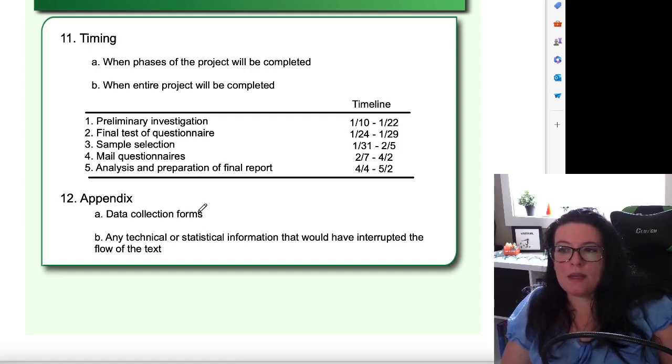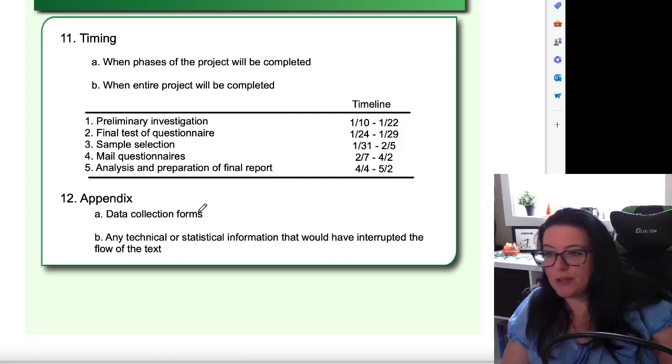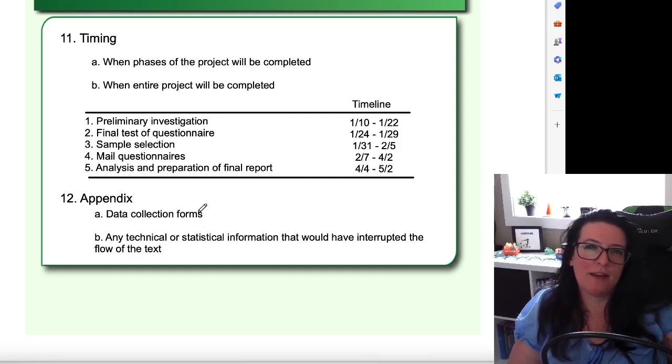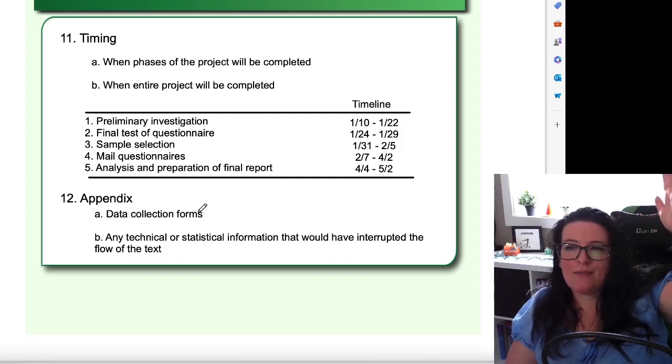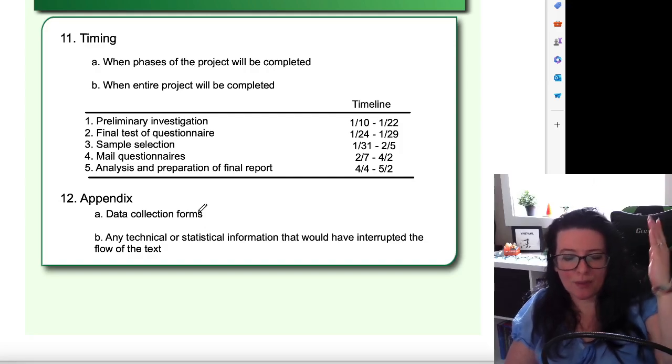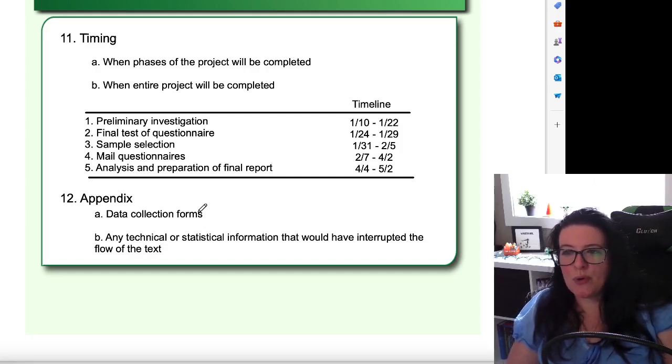That might be any additional information about process, or as we said, any technical or statistical information that would otherwise interrupt the flow of the text. So the appendix is where the nitty-gritty details live, if it's just too detailed, too far down a rabbit hole for the proposal itself. So you might include it in the appendix. Anything in the appendix, you're going to be referencing somewhere else.